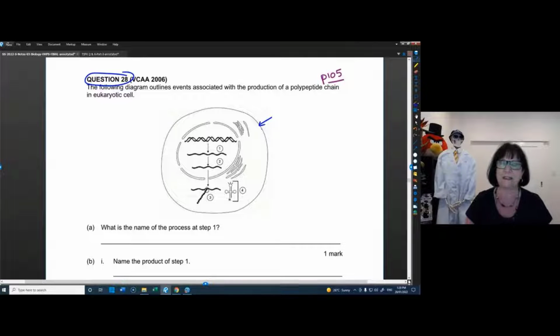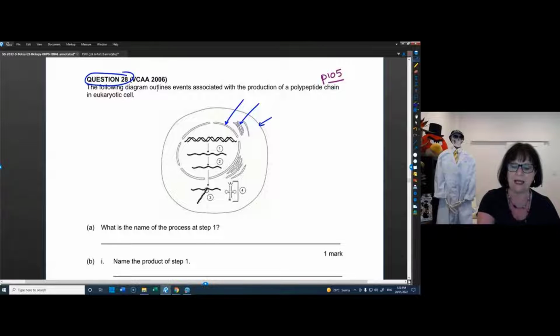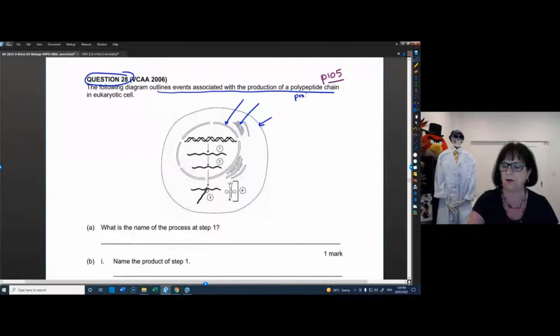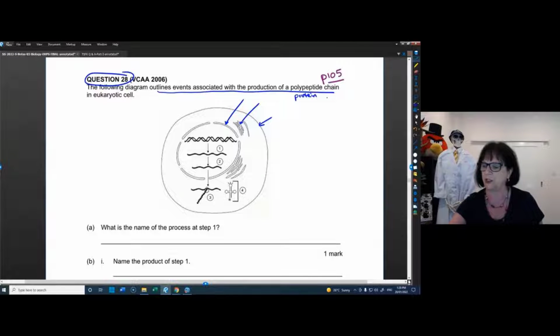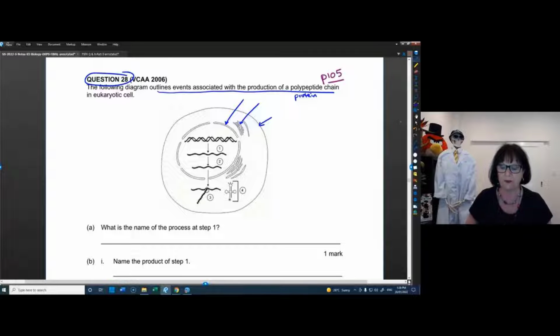Things like, obviously, this is the cell membrane, this the nuclear membrane, this would be endoplasmic reticulum. So what we've got is a real highlight of some process happening within the nucleus, the events associated with the production of a polypeptide chain, which is what a protein is. So that's what this diagram's showing.